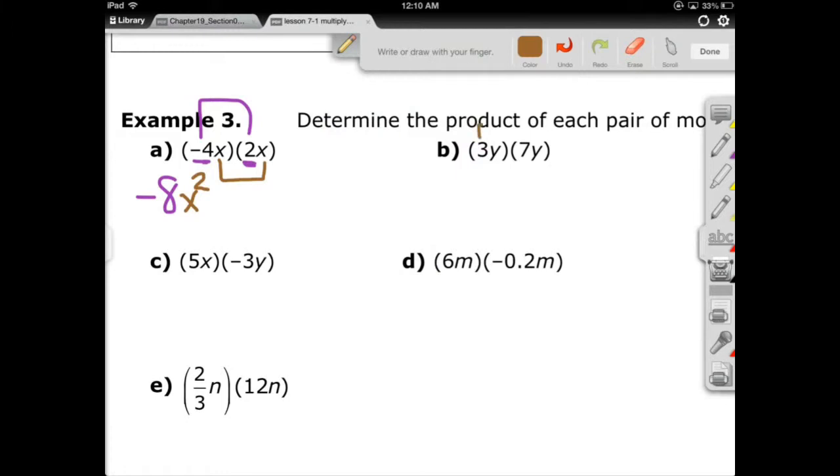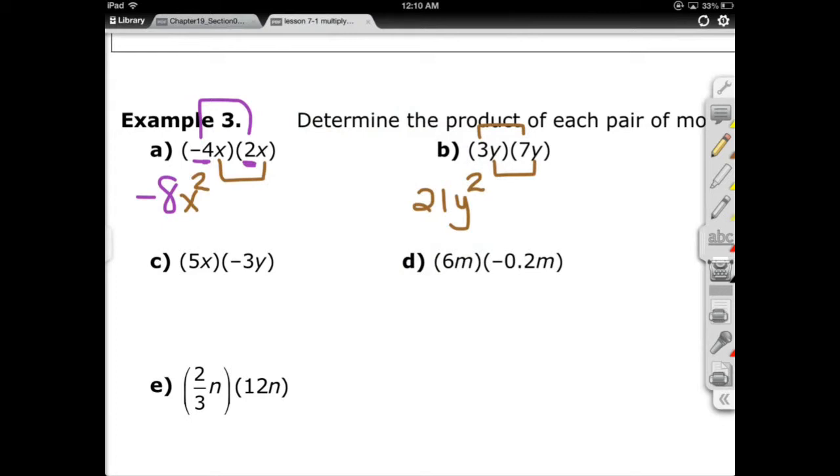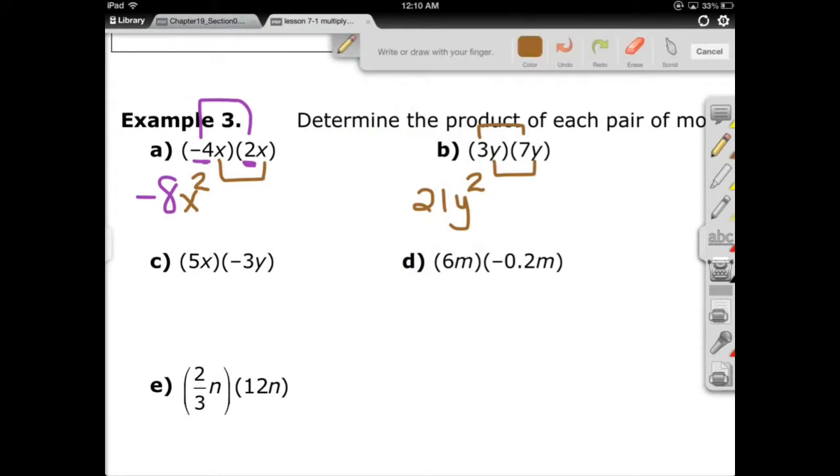Same pattern here. 3 times 7 is 21. And the y times the y is y to the second power. Let's see if you can pick up on what I'm doing here. I multiply the coefficients and then I multiply the variables.